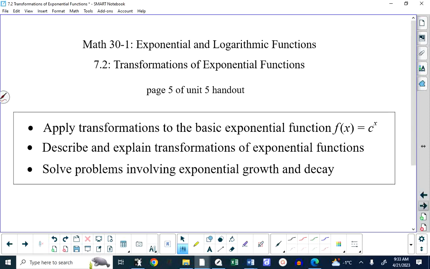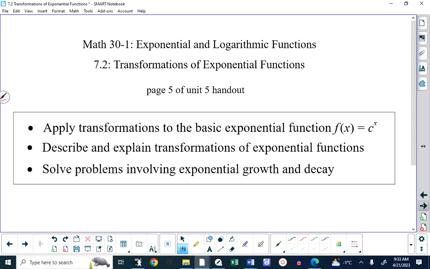Sometimes when I look at these first two goals, apply transformations to y equals c to the x, and describe transformations of exponential functions, I feel as though I shouldn't need a special lesson on this, because you know what transformations occur based on the parameters a, b, h, and k. We have an issue here, though, and it's why your textbook uses c and not b, because the parameters for transformations are a, b, h, and k.